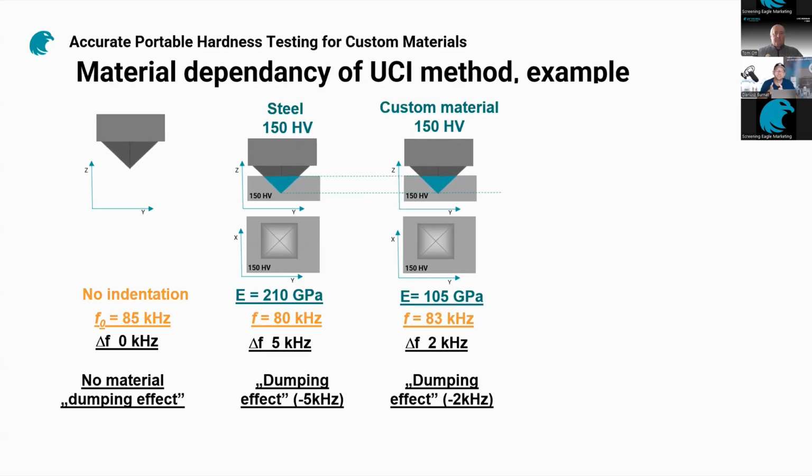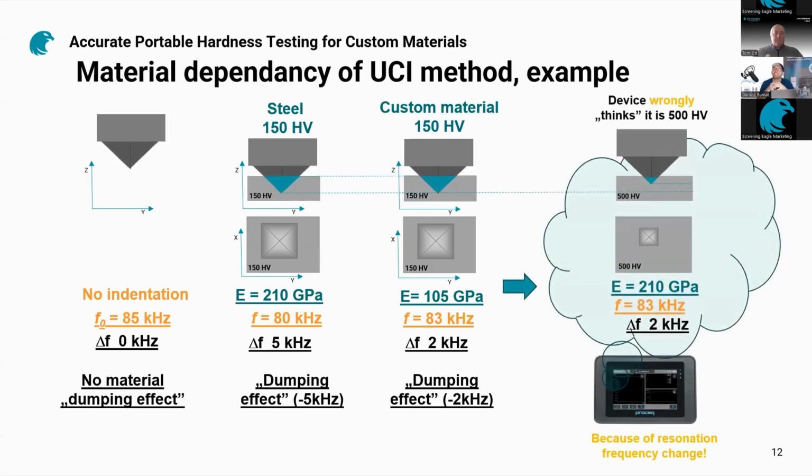And here an interesting thing happens, because the resonator resonates faster, at 83 kilohertz. So this damping effect is not as pronounced as it was earlier. As a result, let's say the device thinks that because of those 2 kilohertz, it's going to provide you the output of 500 Vickers, which is simply incorrect because we know it's 150 Vickers.